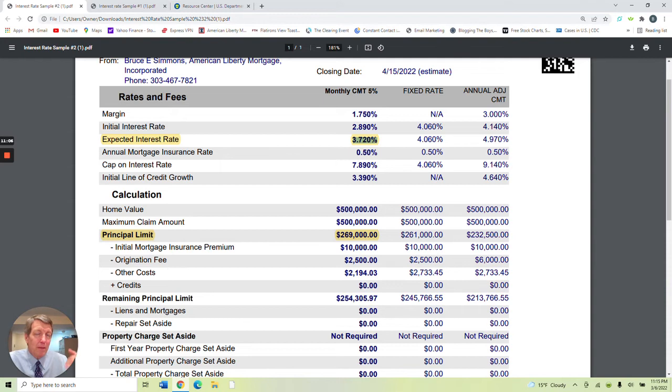What I tell people is the expected rate is the rate we look at before we close the loan, because that's the one that determines how much we can loan you. The initial rate is the rate we look at after the loan closes. All right? So that's the rate you're actually charged. Once that rate goes into effect, once we close the loan, you're charged that interest rate. Hopefully that makes sense.